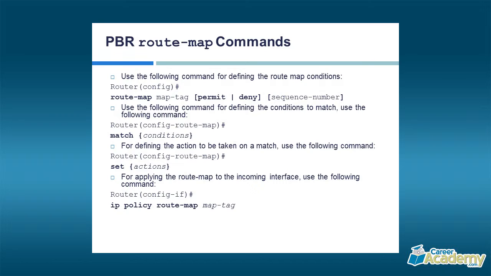We also have sequence numbers that indicate the position a new route map statement will have in the list of route map statements if it's already configured within the same route map name. When it is used for redistribution filtering, the route map is applied to the route distribution process by adding the route-map command and map tag to the end of the redistribute protocol command.